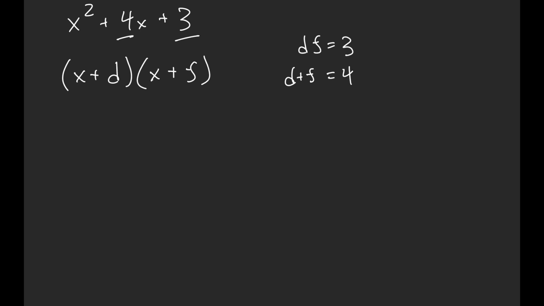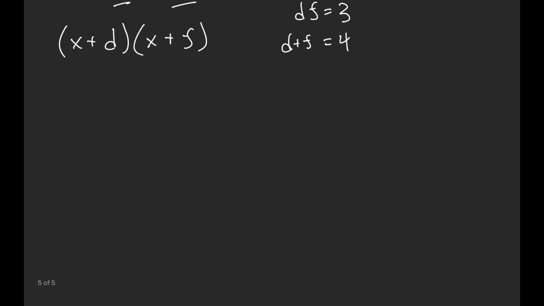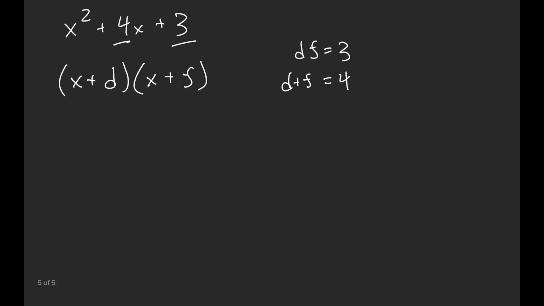Since our b term is 4, our c term is 3, df equals c, and d plus f equals b. Now, armed with these 3 pieces of information, we can ask ourselves, what combinations of d and f both multiply together to make 3, and also add to make 4?